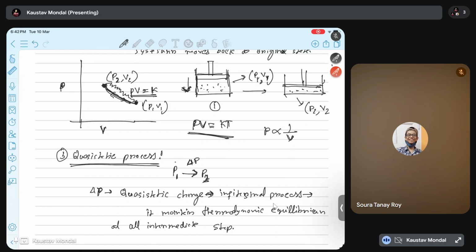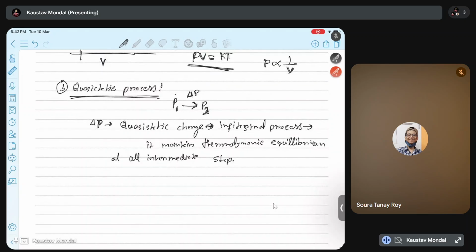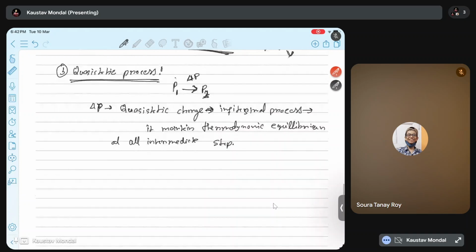So this concept is used to do all the calculations. When you deal with the equations of state, you change, let's suppose, the pressure by some infinitesimal amount, P plus delta P. So this dP is basically the quasi-static process. This ensures that the system will remain in thermodynamic equilibrium, although you have made some change delta P, but still the system remains in thermodynamic equilibrium, right?